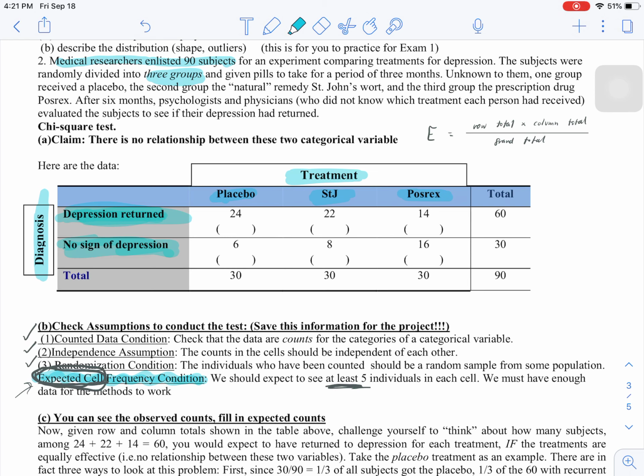Let's go ahead and calculate all the expected cell counts. So I'm going to introduce some terminology here. In this table, our data that we've been given, these numbers here, these counts, we call these the observed counts.